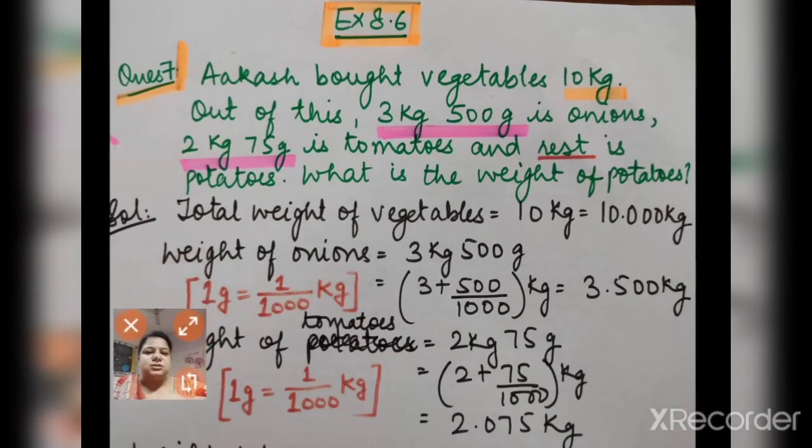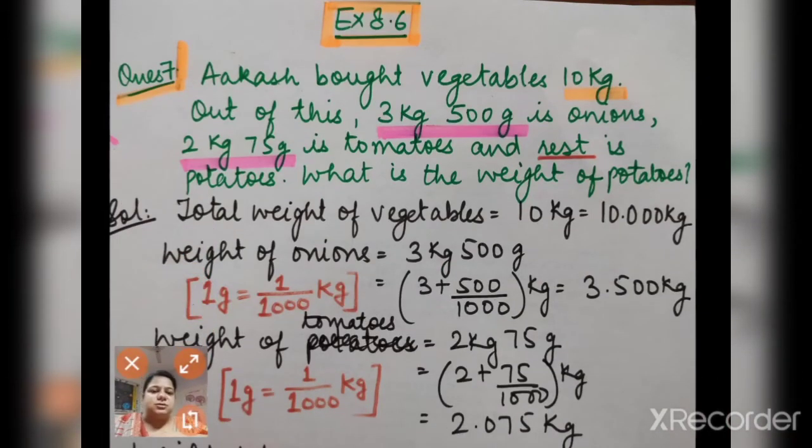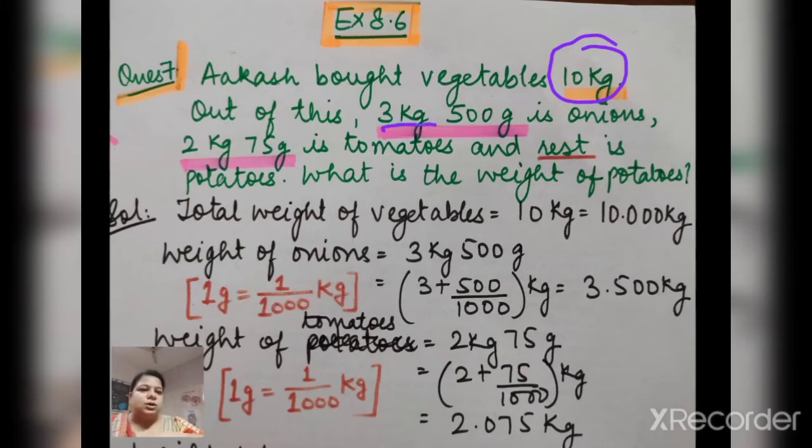Now next is question number 7. It says Akash bought vegetables and the total weight of the vegetables is 10 kgs. Out of this 3 kg 500 grams are onions, and then 2 kg 75 grams is tomatoes, and the rest is potatoes.